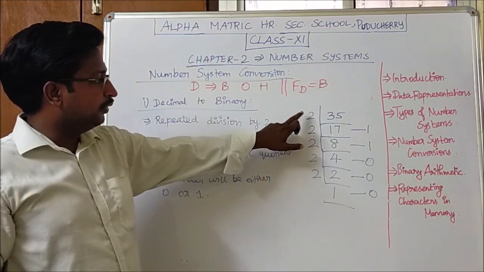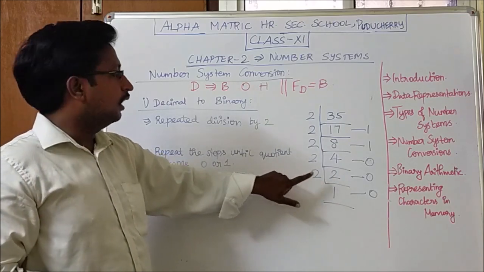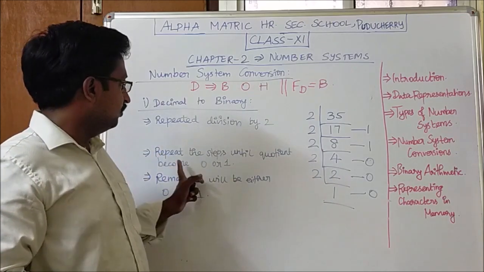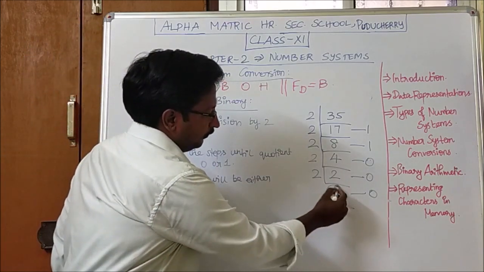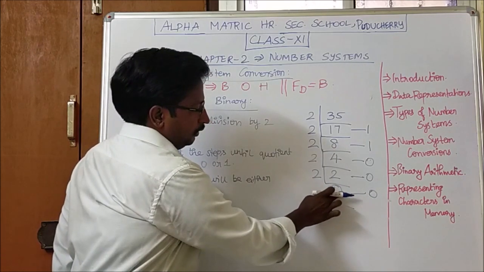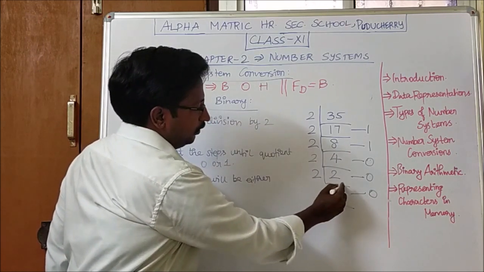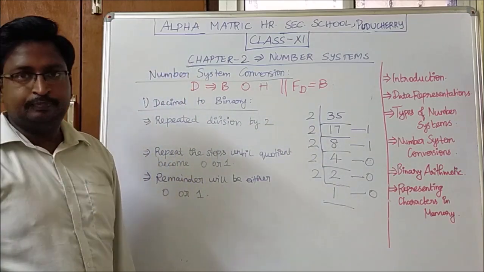We have continuously and repeatedly divided the given decimal number. We have stopped the division when we reach the quotient as 0 or 1. This is the quotient part. This is the quotient part. And this is the last step. We have to stop dividing the number by 2.